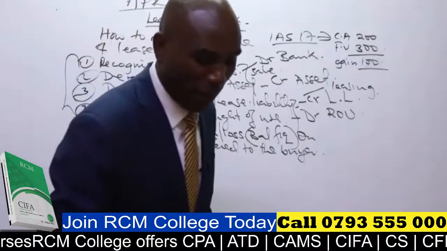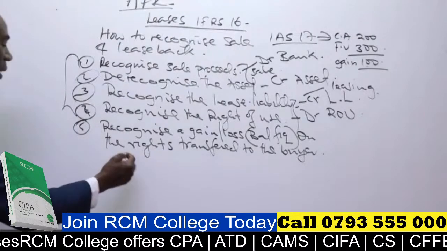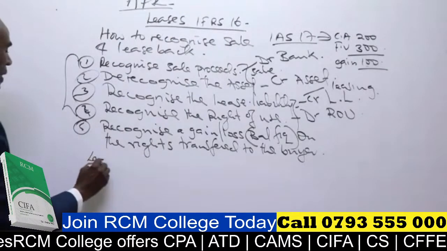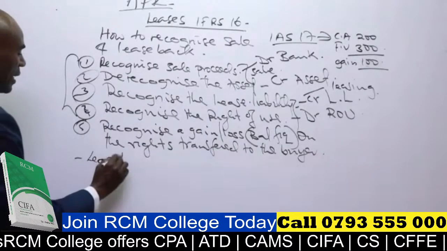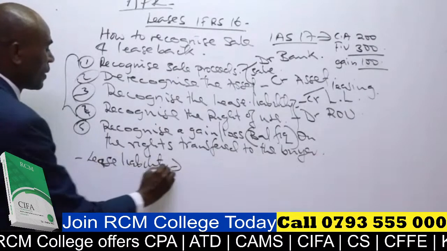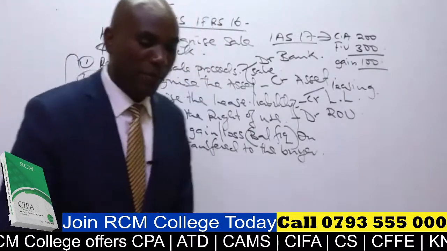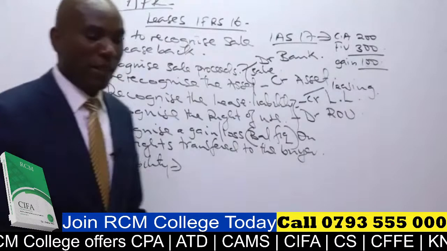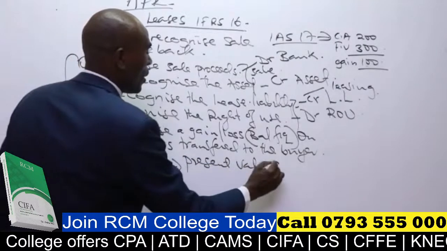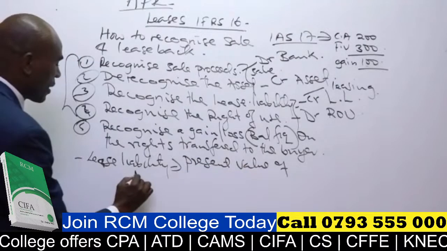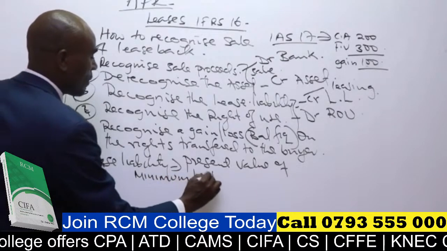Sale and leaseback. Now, how do you determine the lease liability? You say lease, you put a dash and say lease liability. Under lease liability, this is the present value of minimum lease payments.